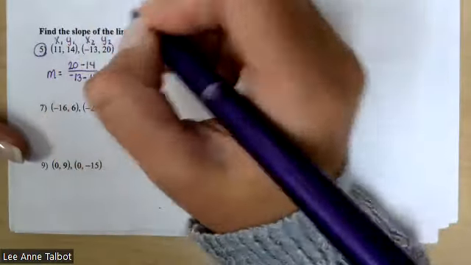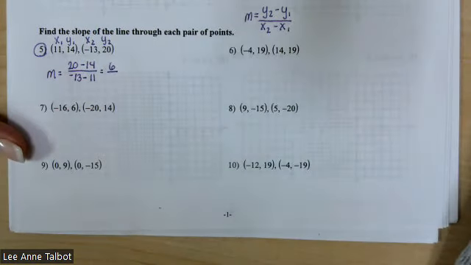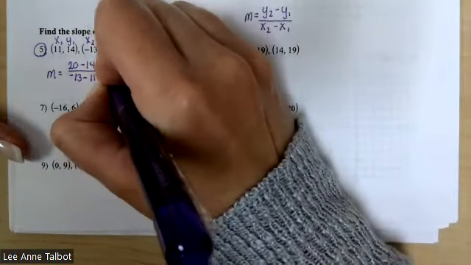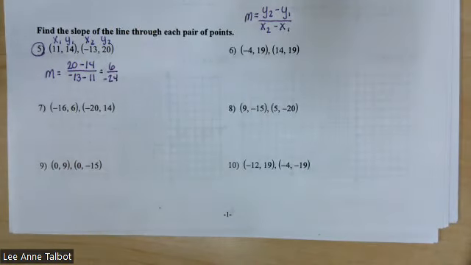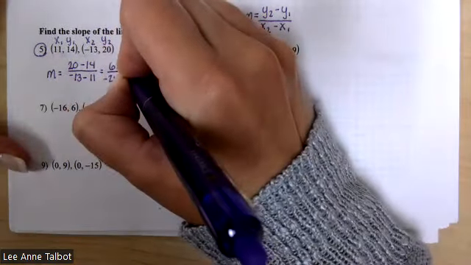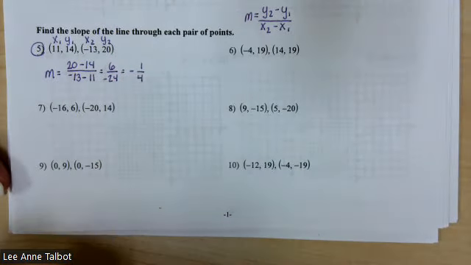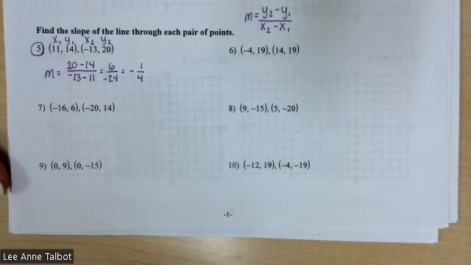Okay, so what is 20 minus 14? 6, beautiful. What is negative 13 minus 11? Negative 24. Wonderful job. Okay, now I'm going to reduce by what? By 6, yep. Does that make sense?